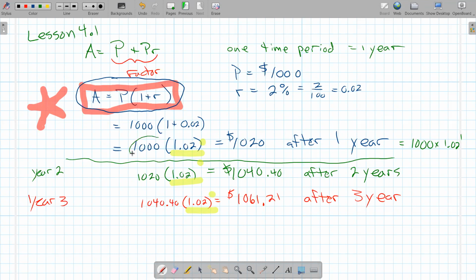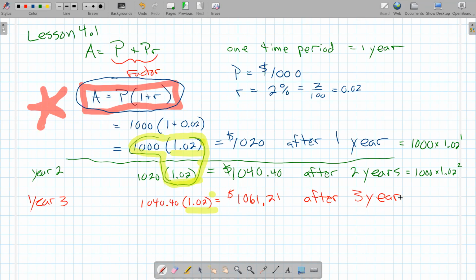So my claim is that for the 2nd year, this is the calculation right there. I'm going to highlight that. Let's get my yellow highlighter. Starting with 1,000, multiply by 1.02, and then multiply by 1.02 again. So here I'm multiplying by 1.02 twice, which means I should have a 2nd power. So I claim this one right here is going to be 1,000 times 1.02 to the 2nd power.